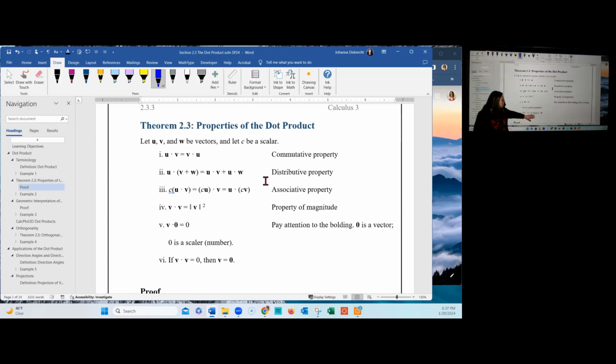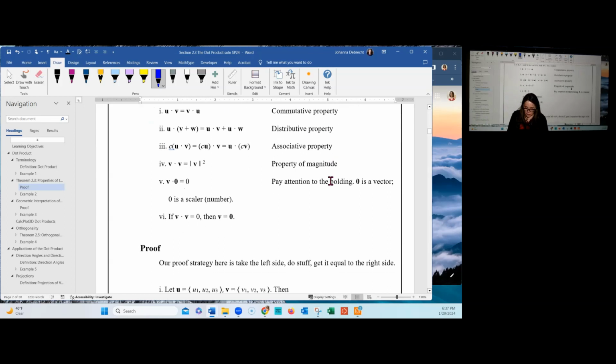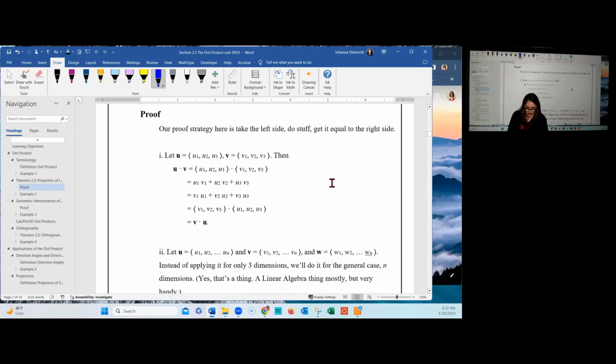And then we have one more property, which says if you dot a vector with itself and get 0, the only way that can happen is if that vector is the 0 vector.